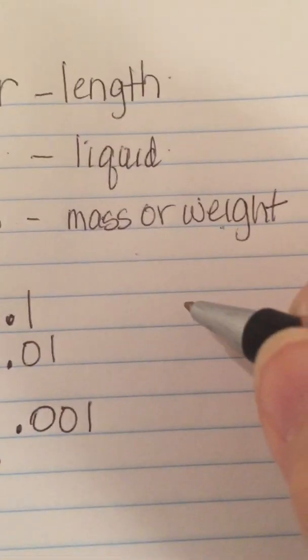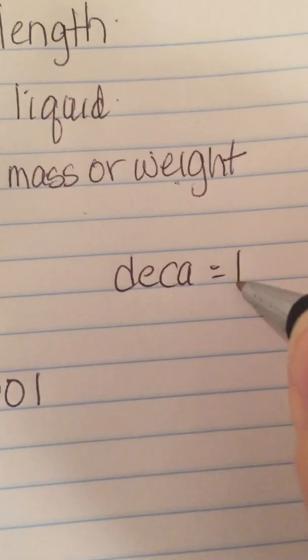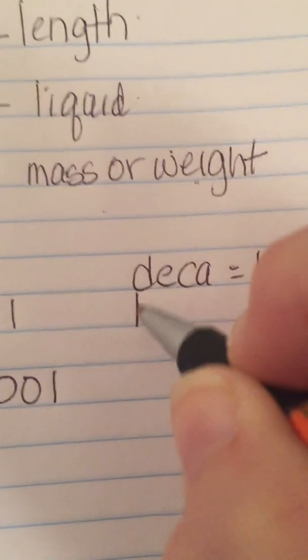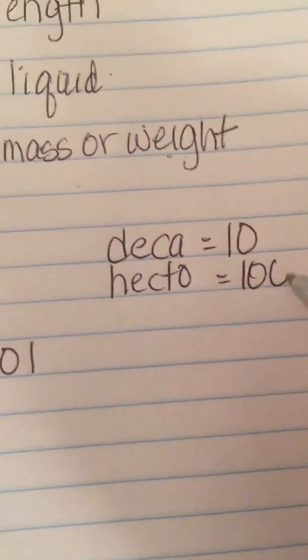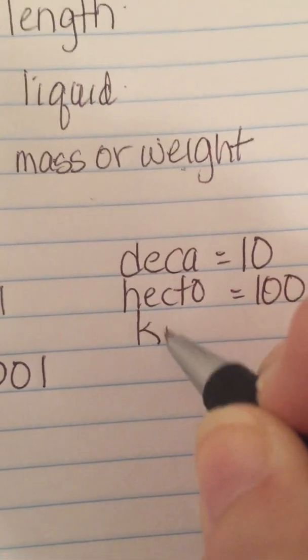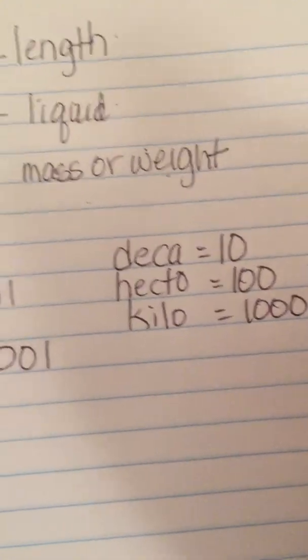Then you have your whole numbers. You have deca, which equals 10. You have hecto, which equals 100. And you have kilo, which equals 1,000.